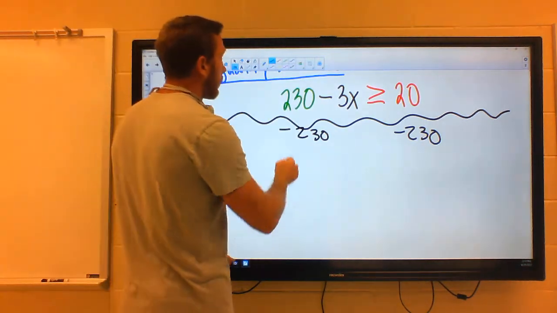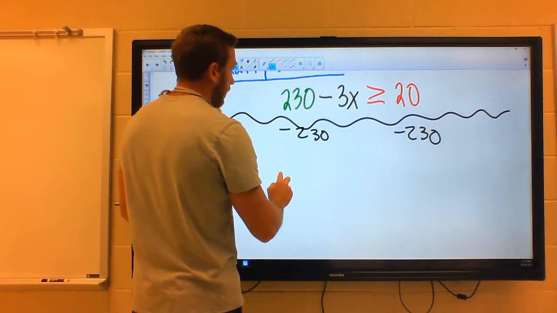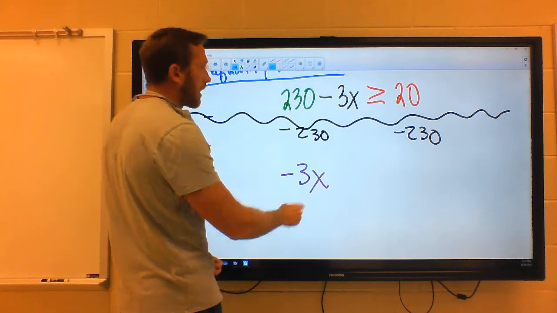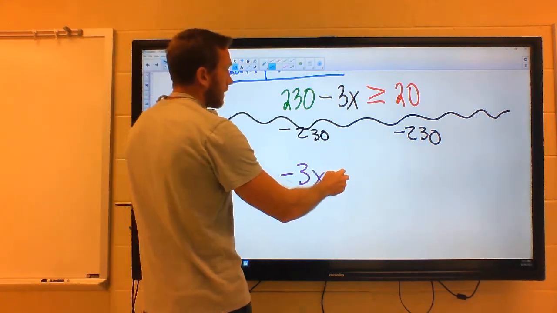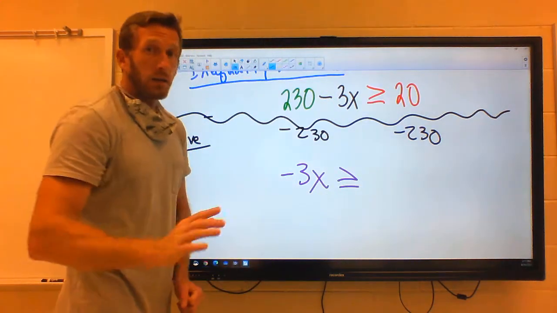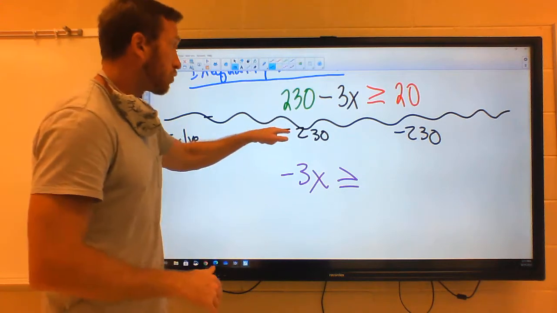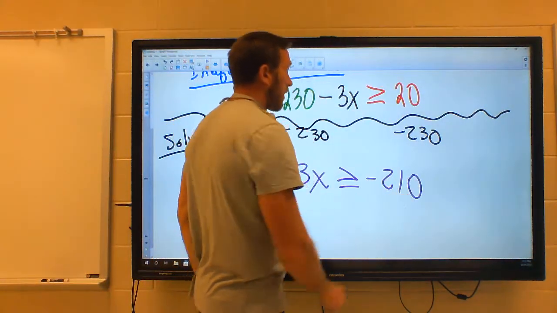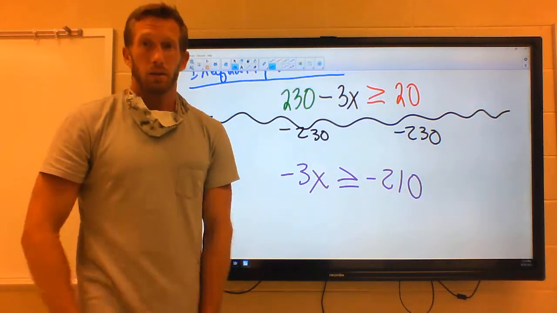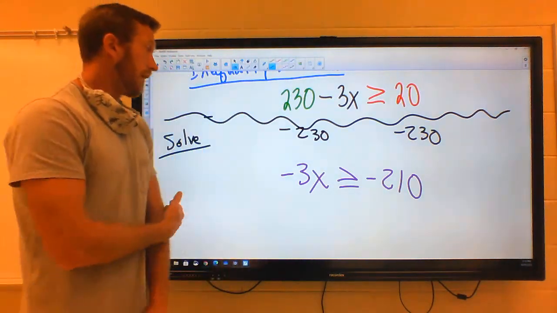That leaves me with negative 3x on the left side, is greater than or equal to negative 210, because 20 minus 230 is negative 210. Notice I don't flip the sign from subtraction.